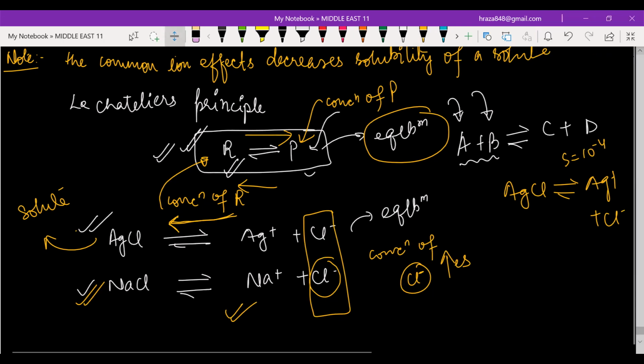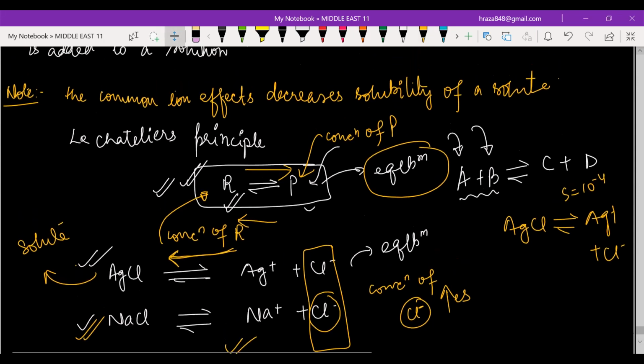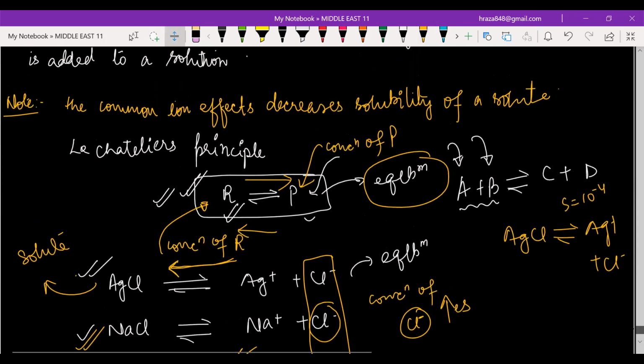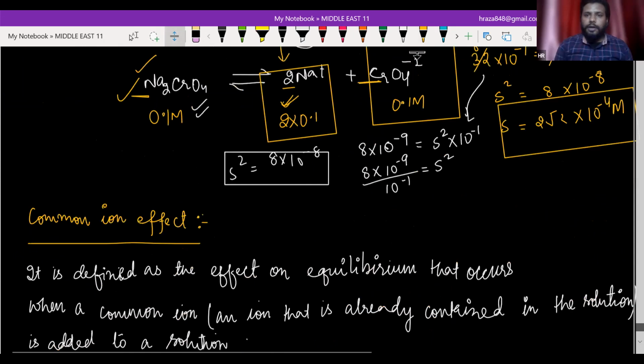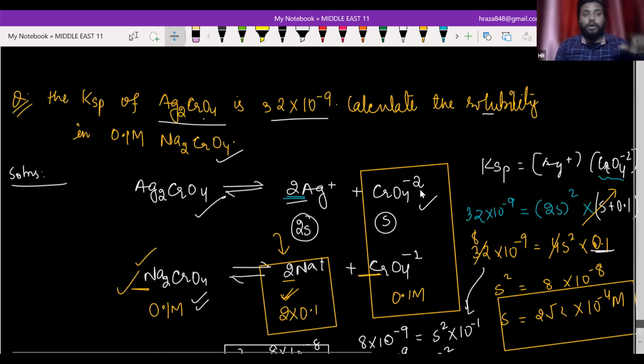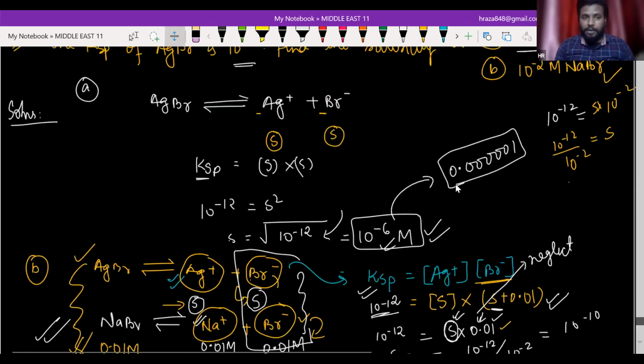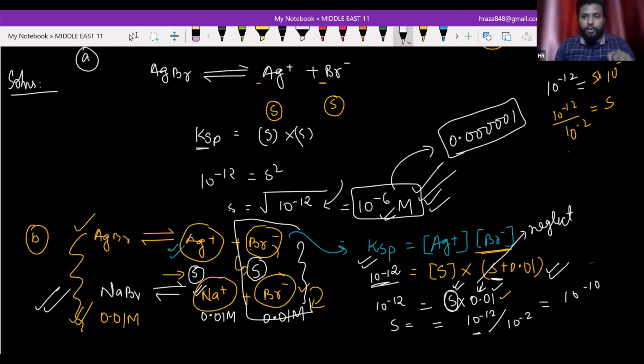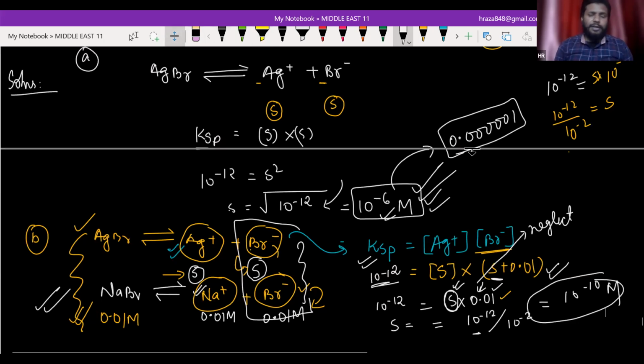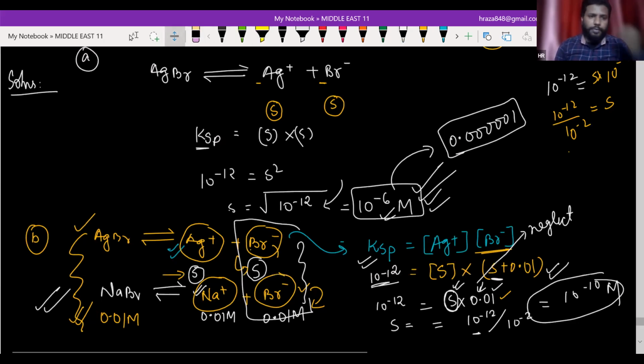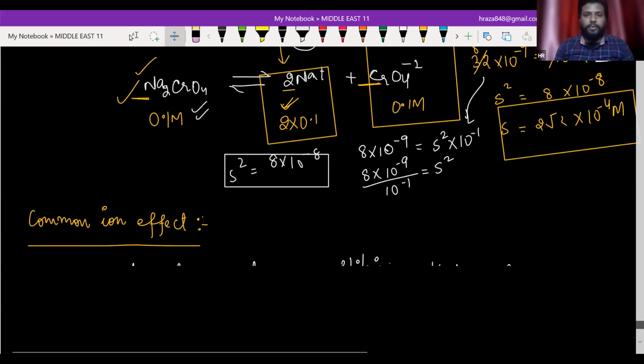Are you getting my point? So in the same way, with water it has a solubility 10 raised to the power minus 6, but because of the common ion effect, its solubility becomes 10 raised to the power minus 10 M. So with the common ion effect, basically solubility of solute, solubility of salt decreases. Everyone okay with this?